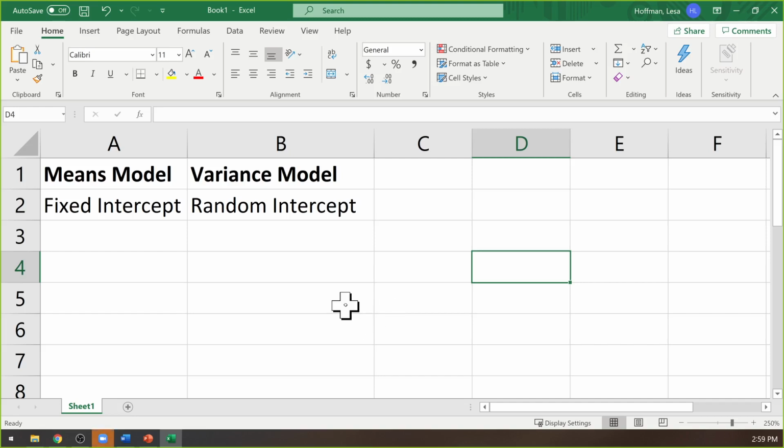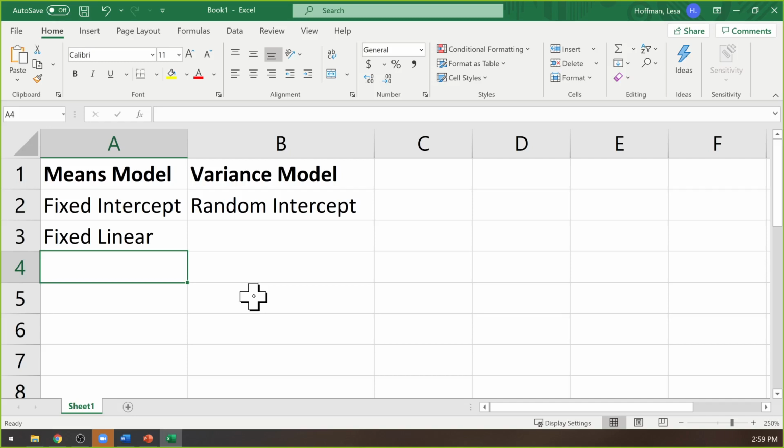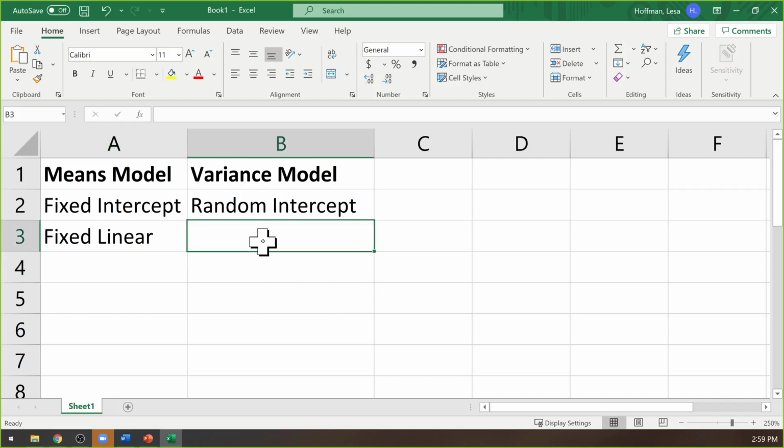Yeah, empty means, comma, random intercept model is what I would call this. So next step would be fixed linear. I would call that fixed linear time, comma, random intercept, because I have different levels of complexity on each side, and so I'd have to keep that separated.